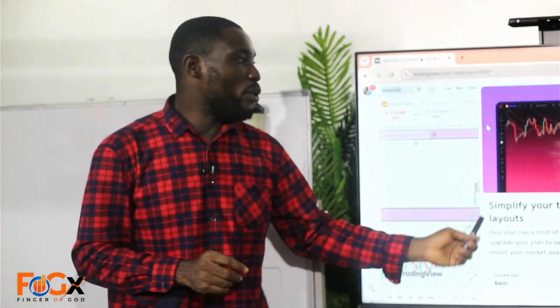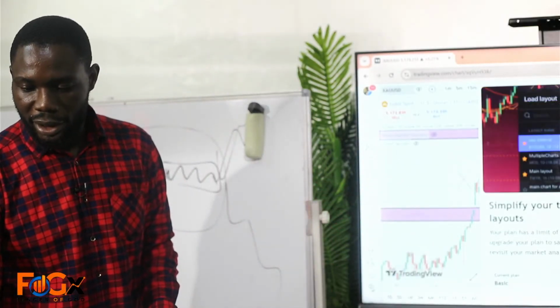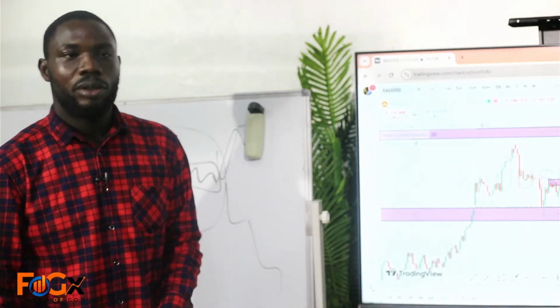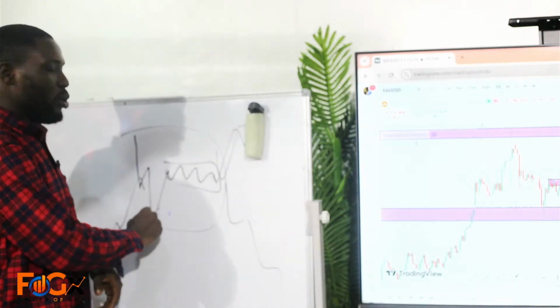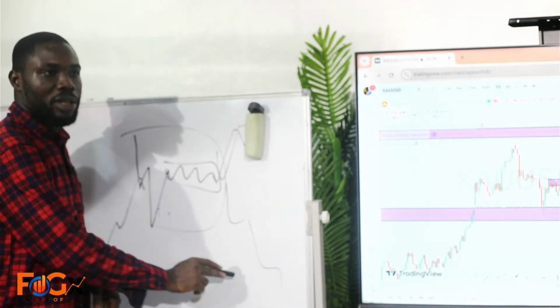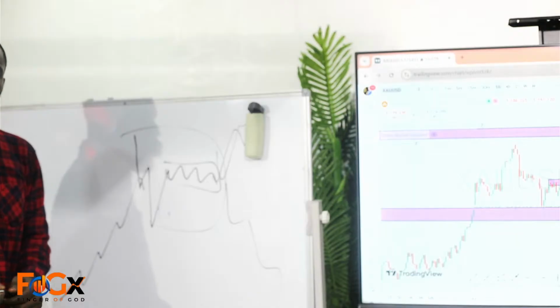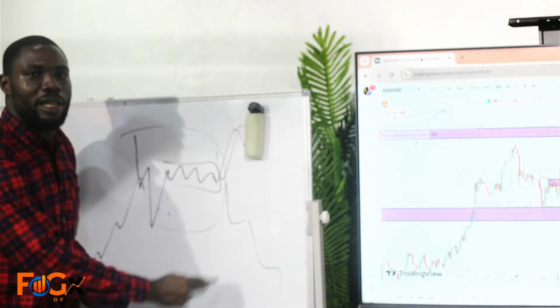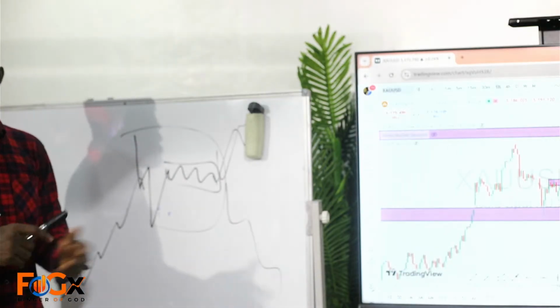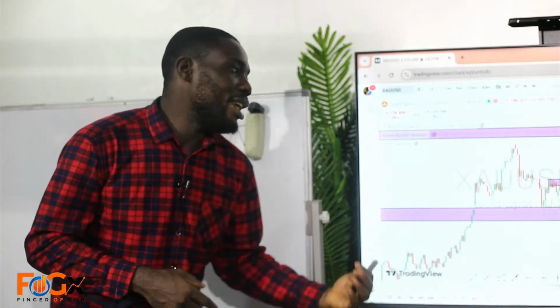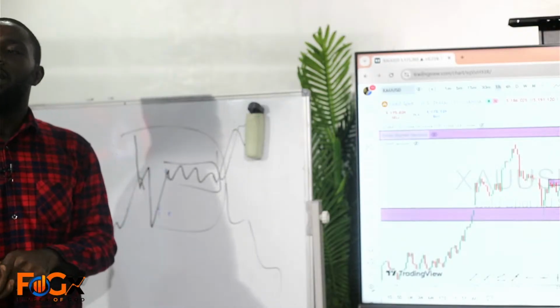What are the confluences that are making me buy? Should I wait? Once you start asking those questions and telling yourself the story, you may decide to wait because price has done like this, like this, like this. Or I should buy from here because this is my zone. So who is more lenient to buy and who is more lenient to sell?